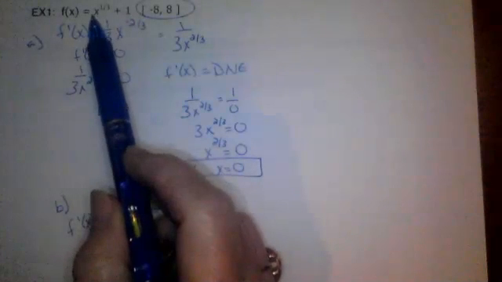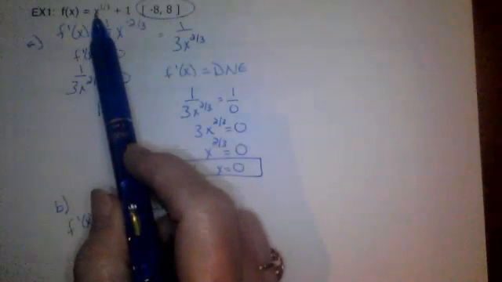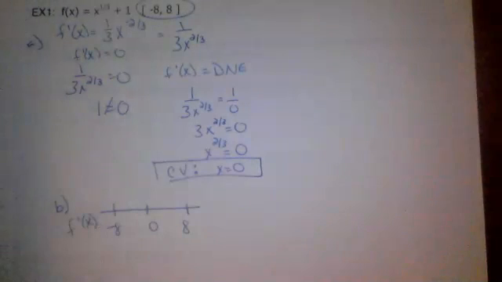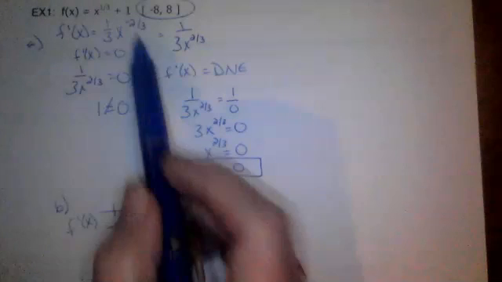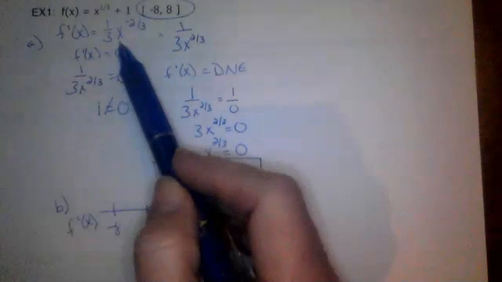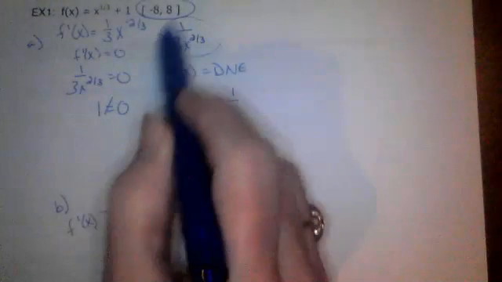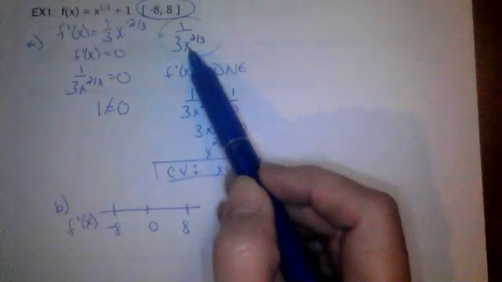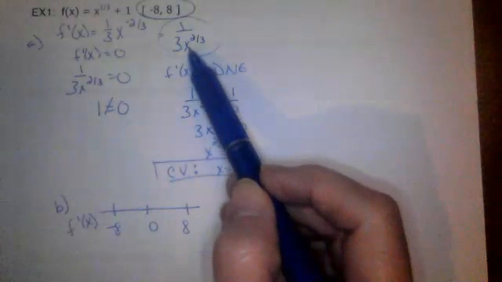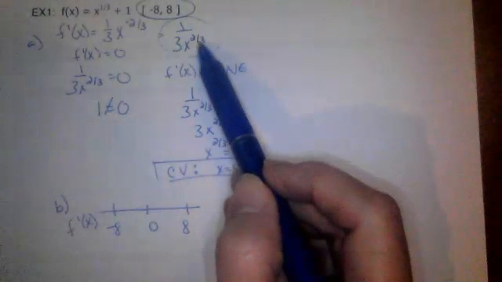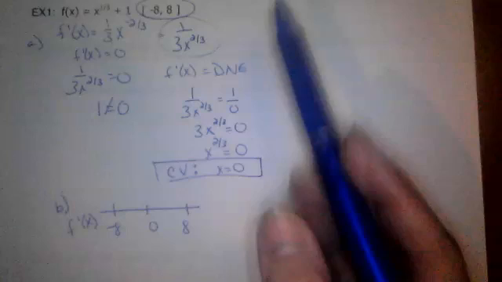If I plug -1 into my derivative, I guess this would probably be the easiest derivative equation, then the cube root would be negative, the square would be positive, so I get positive 1/3.